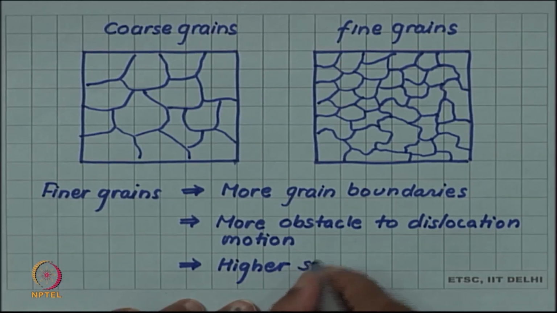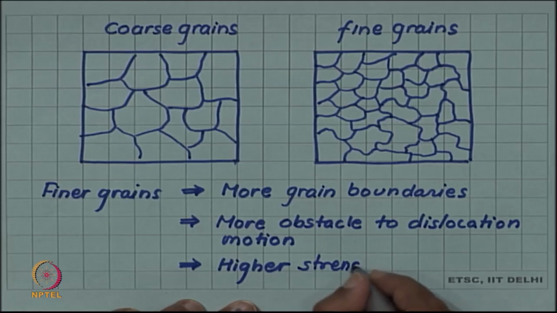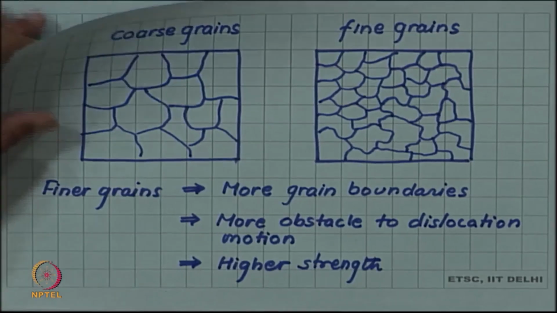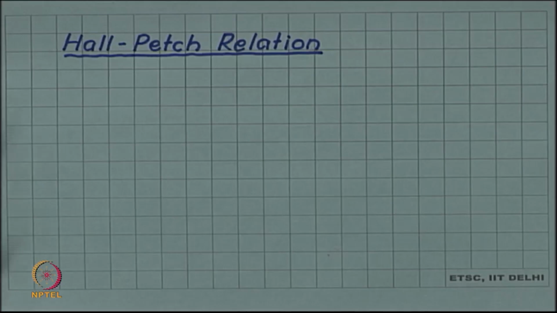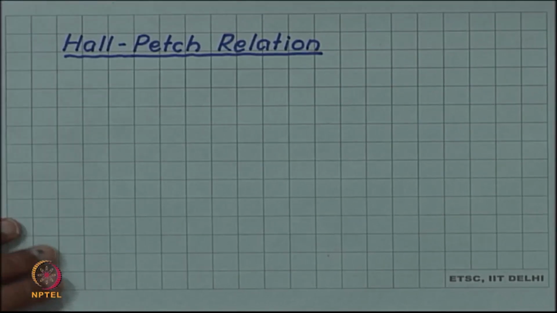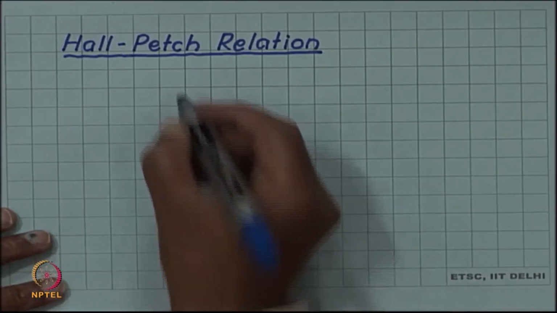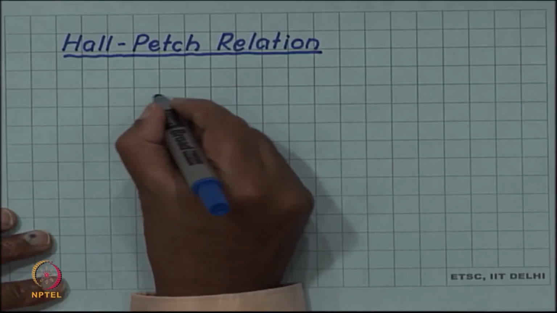So, higher strength. This has been quantified by a famous relation known as the Hall-Petch relation, after the discoverers.